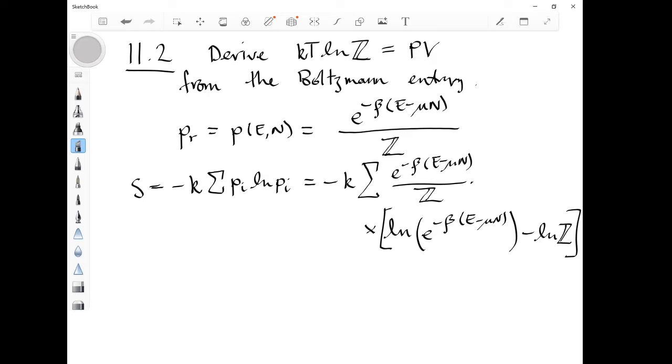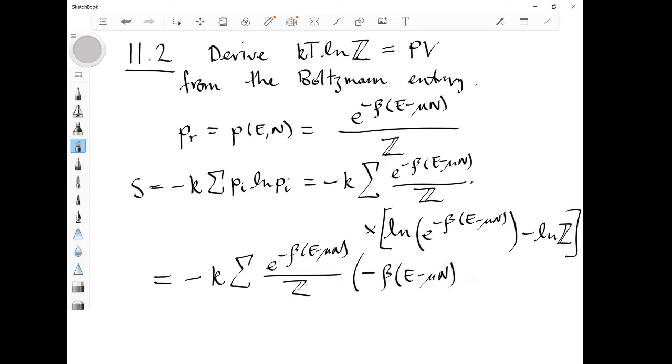And now we can simplify this, where we end up with minus k sum over our probabilities, and then you've got a log of an exponential, and so that gives us minus beta (E minus mu n) minus ln of Z. We've got heaps of minuses here, so we can just get rid of them, make them all plus.